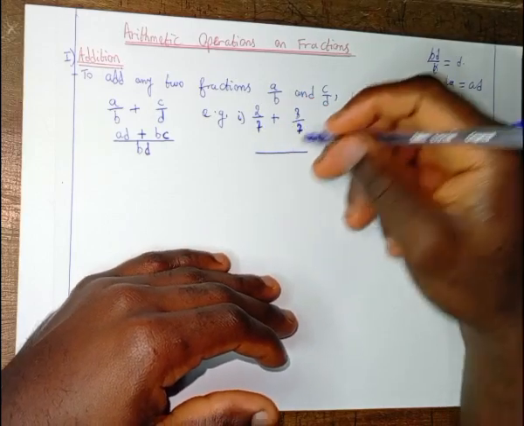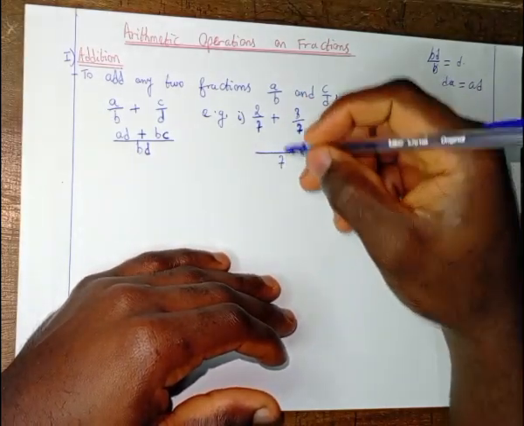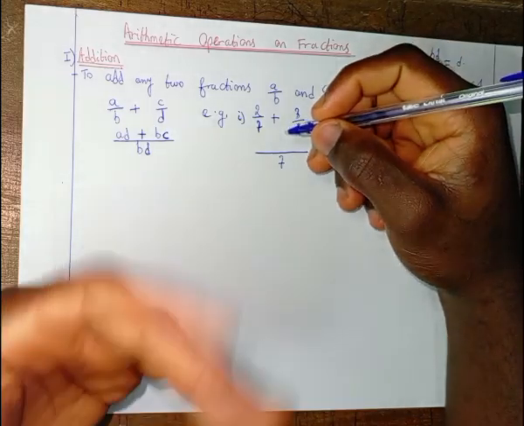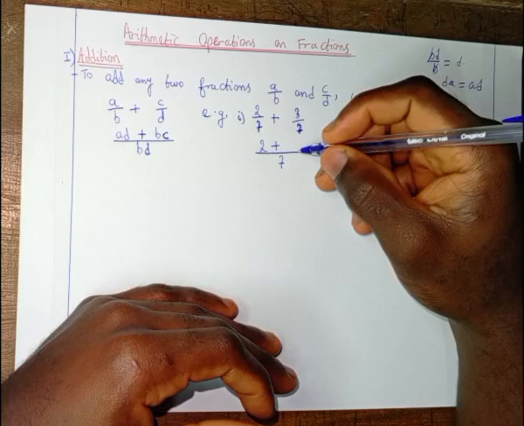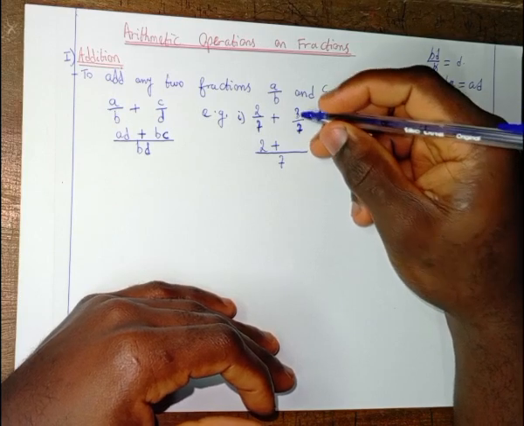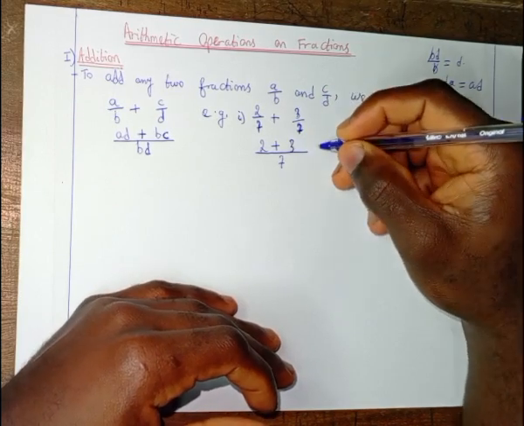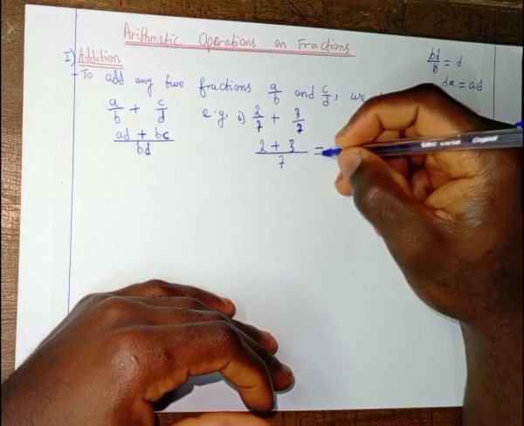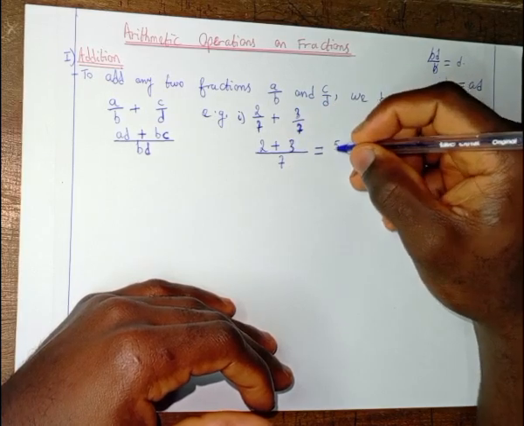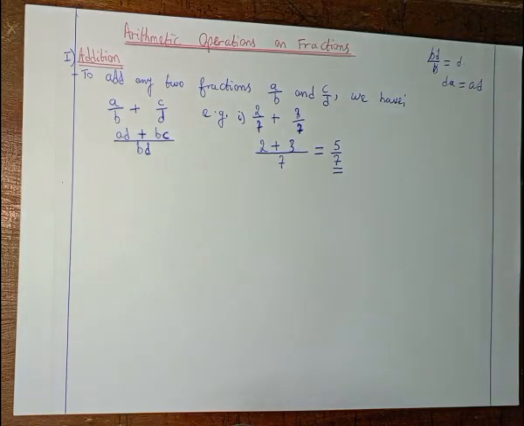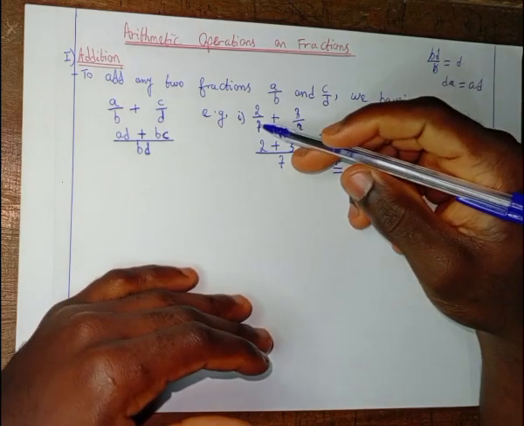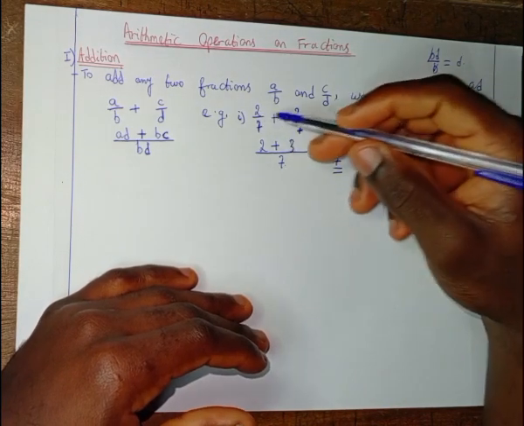The LCM of 7 and 7 is simply 7. 7 divided by 7 gives us 1. 1 times 2 is 2, plus 7 divided by 7 is 1, 1 times 3 is equal to 3. This will simply be equal to 2 plus 3 gives us 5 all over 7. This will be the result. So you will simply see that for us to add two fractions having a common denominator, we will simply maintain the denominator, then we add the numerators.